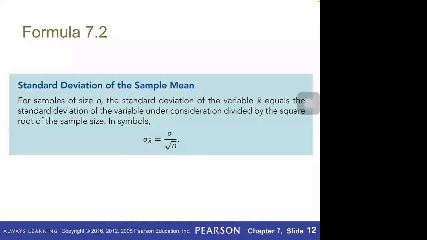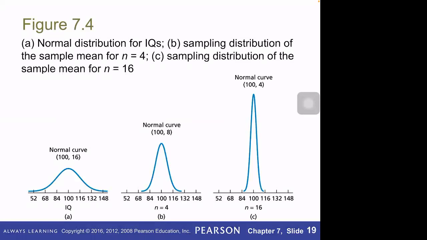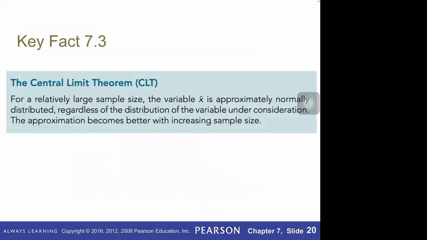This is the standard deviation. Since we have this theorem, we call it the central limit theorem, simply CLT. Since we have this, we can approximate our distributions to normal.